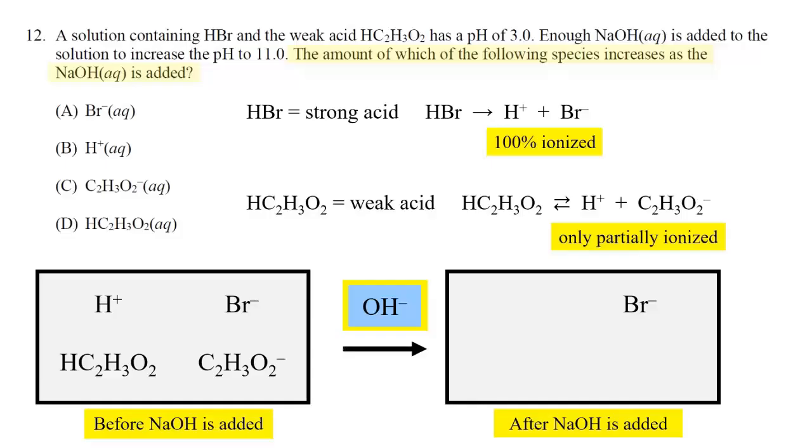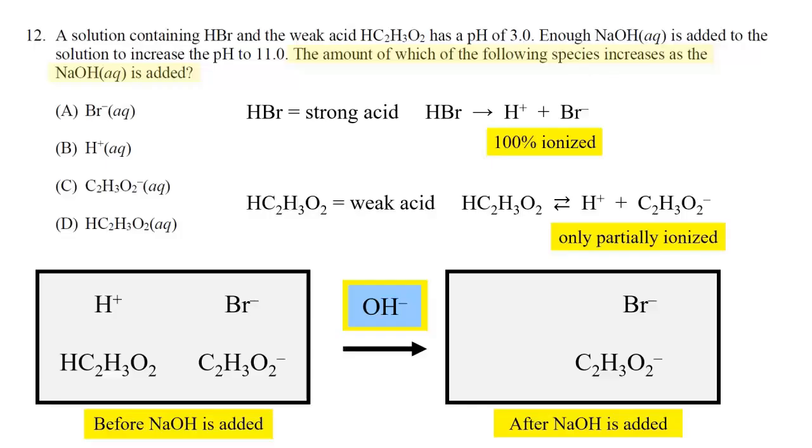Can the hydroxide ion react with the acetate ion, or the conjugate base? I don't think that's a chemical reaction either between OH minus and C2H3O2 minus. So I'm already kind of looking at possibly the H plus being affected, but I think it's going to be affected in the wrong way.